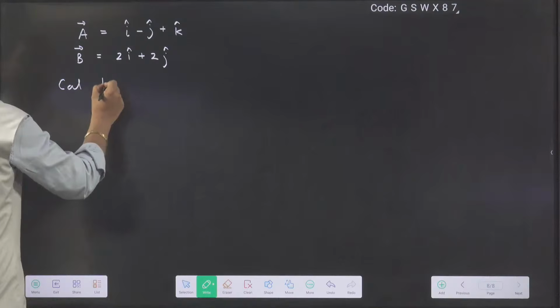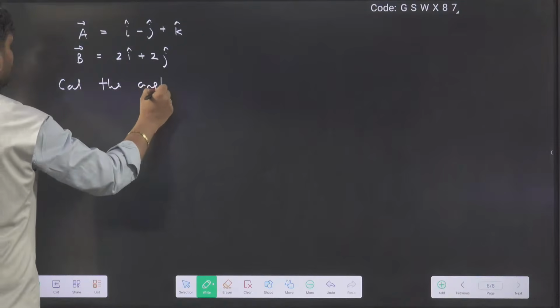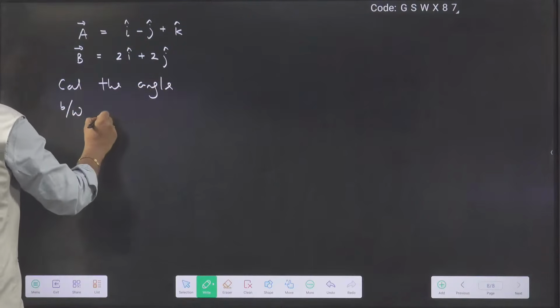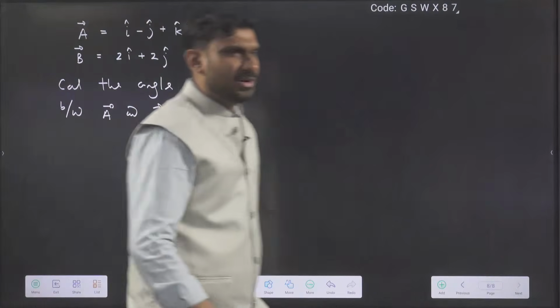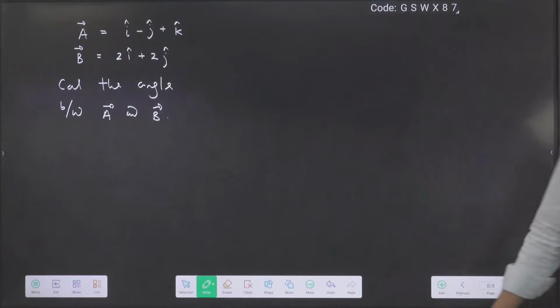Calculate the angle between A vector and B vector. Easiest one.